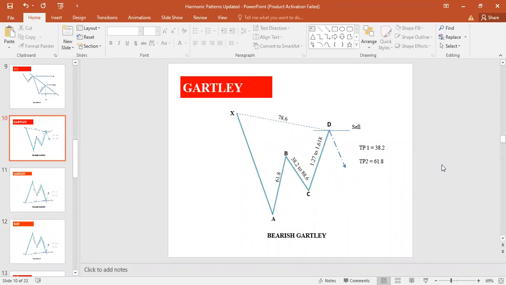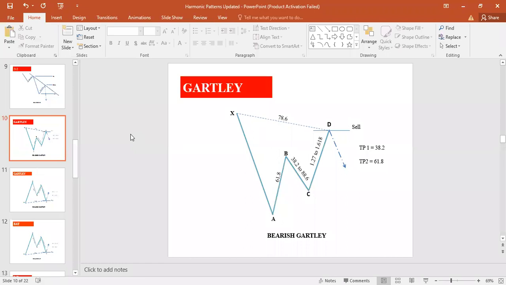It was previously selling, then made a slight retracement and now wants to resume a sell. That's a continuation pattern. A reversal pattern means that price is buying and now wants to change to a sell completely. We'll come to study that. So we have continuation patterns and reversal patterns.